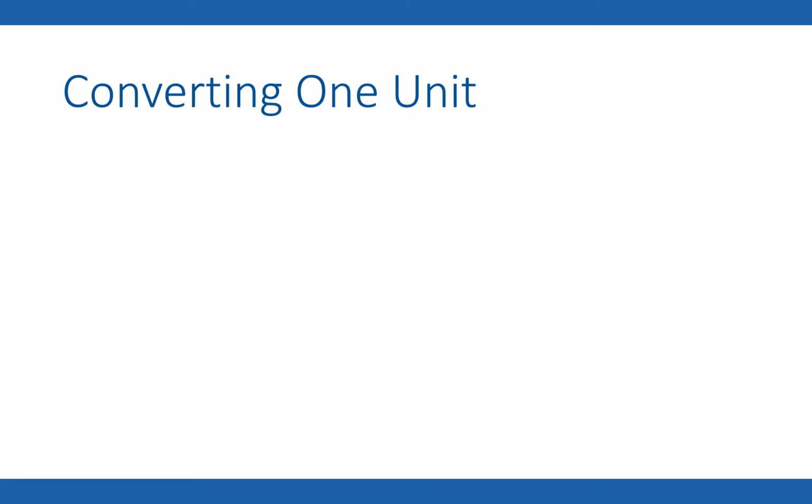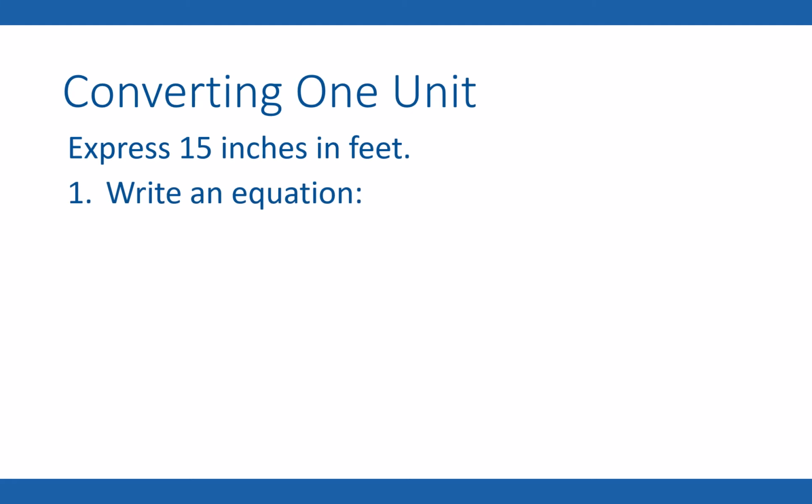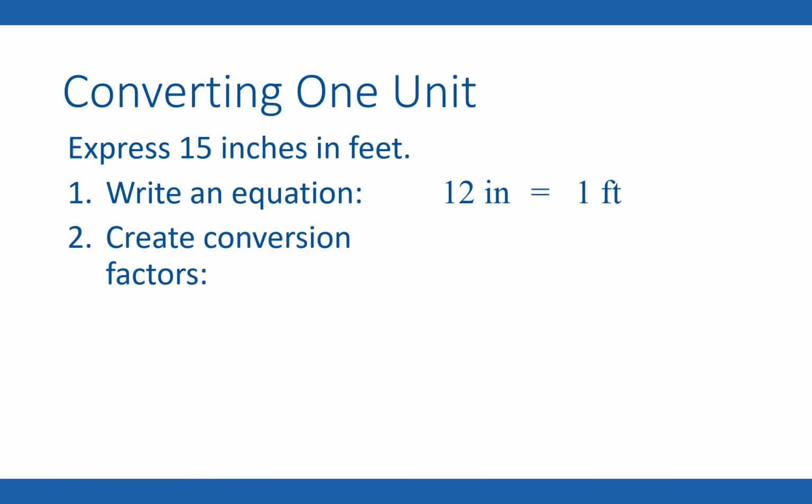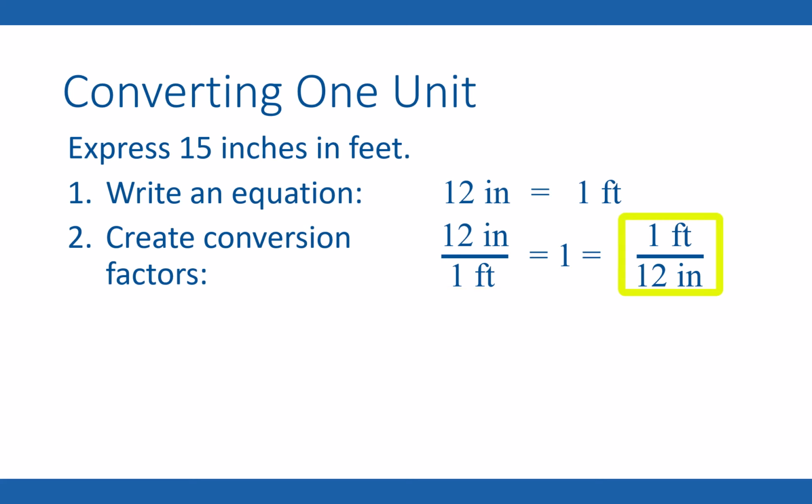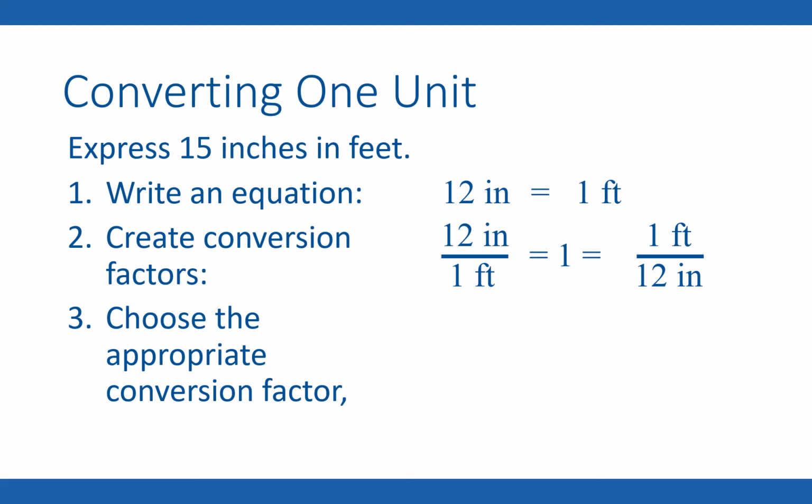Let's see another example. We want to convert 15 inches into a number of feet. We need an equation with some number of feet equal to some number of inches. This gives us two conversion factors, one with inches in the numerator and one with feet in the numerator. To choose the appropriate conversion factor, we write the 15 inches over 1 and note that inches are in the numerator.